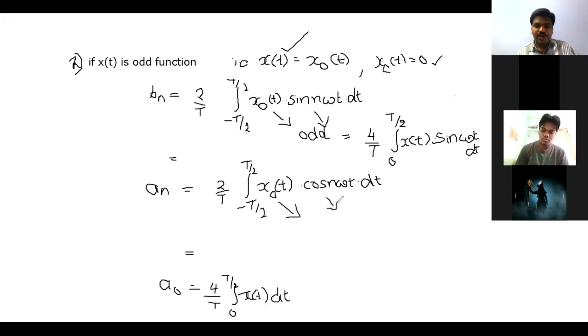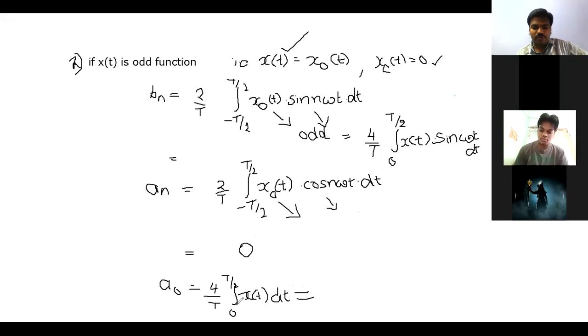We have already seen that the product of an even function and an odd function is equal to 0, whatever the value of m and n. So finally you have to substitute 0 here. So you should not have any cosine terms in the Fourier series expansion. So an is equal to 0.